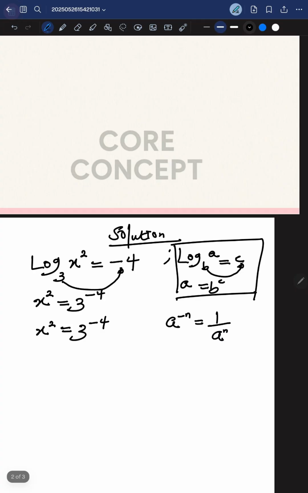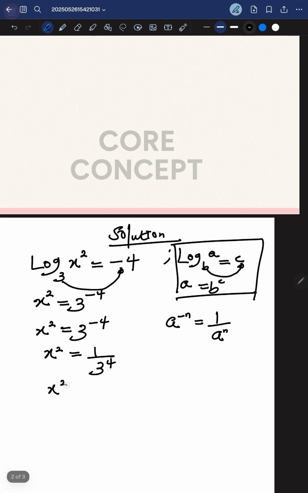So I can say that we have x squared equal to 1 divided by 3 raised to the power of 4. Okay, so now let's go on.